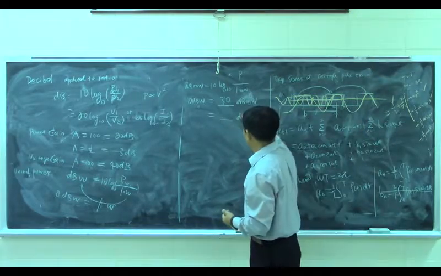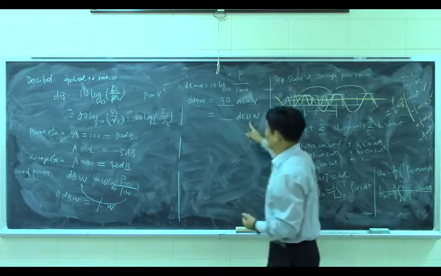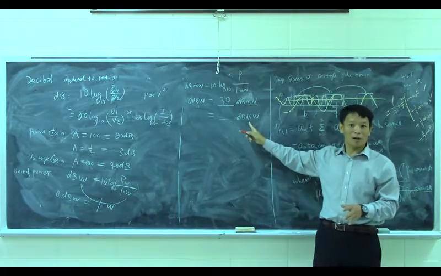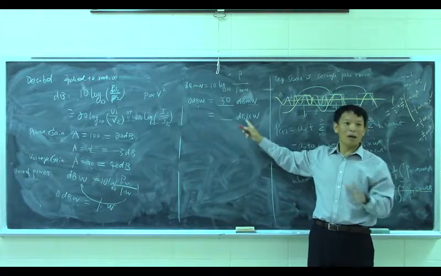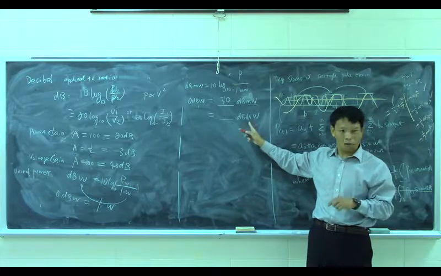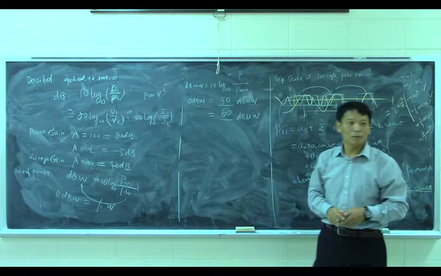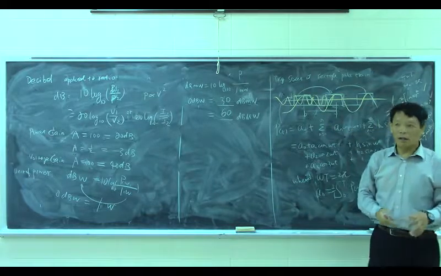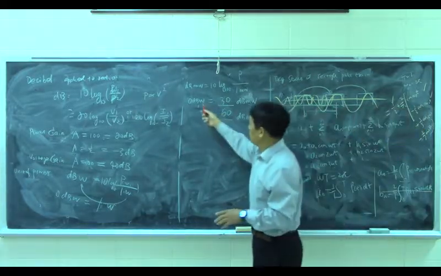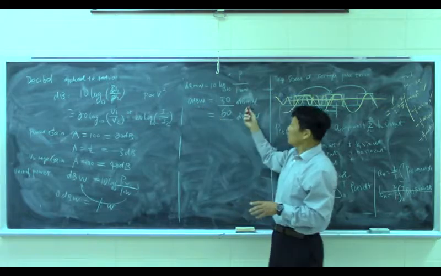How many dB microwatt? You should understand this micro, right? It means dB compared to 1 microwatt. So what is the number here? 60. Perfect. So now you can see the relationship between watt, dB watt, and dB microwatt.